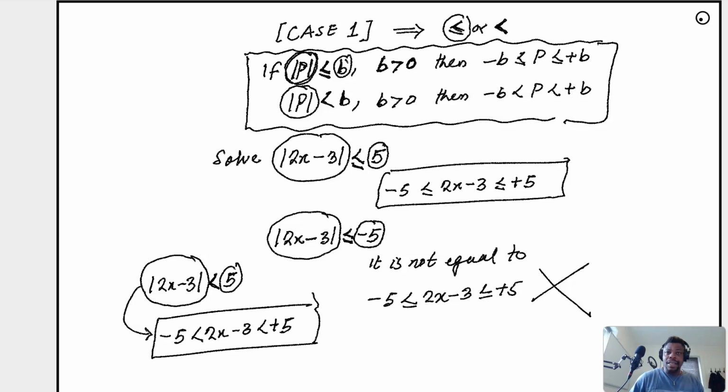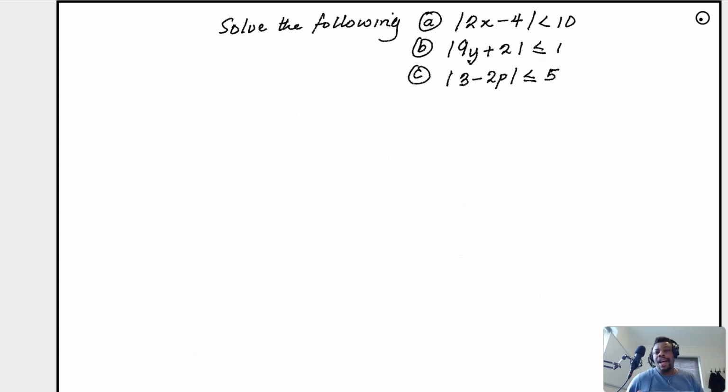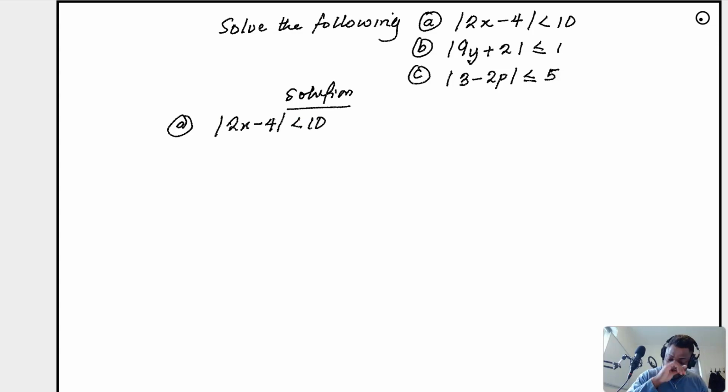Now let's take these questions. Solution. The first question says modulus of 2x minus 4 is less than 10.